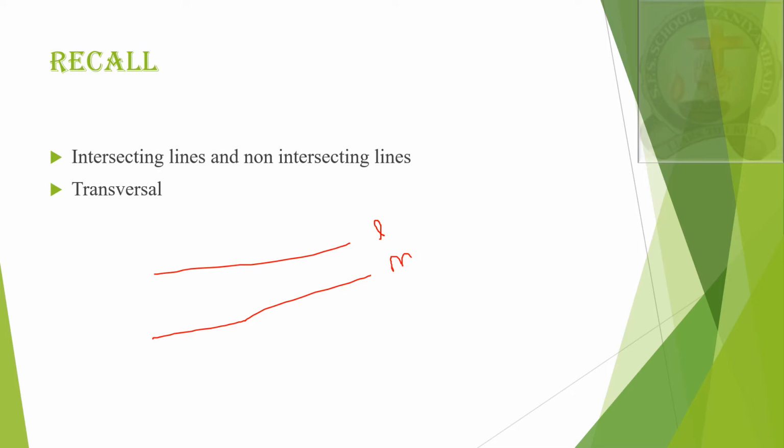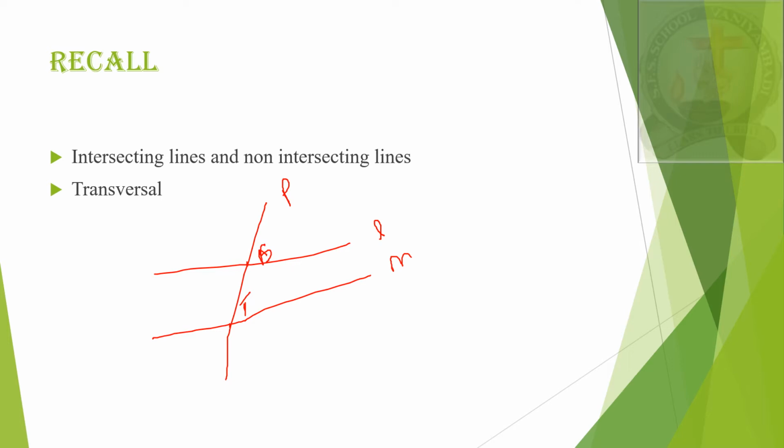I have taken two lines here called L and M. Let me take another line such that it touches a point on each of the lines L and M, for example, P. Let me name the points S and T, where the line P touches the lines L and M. The line P meets the line L at point S, and the line P meets the line M at point T.